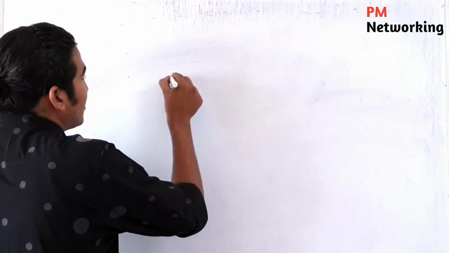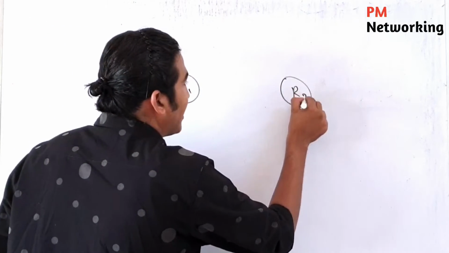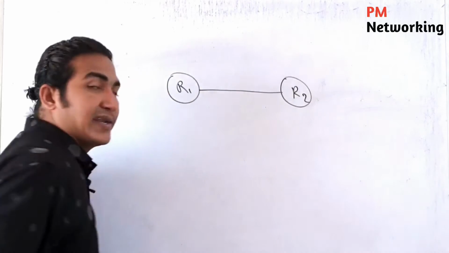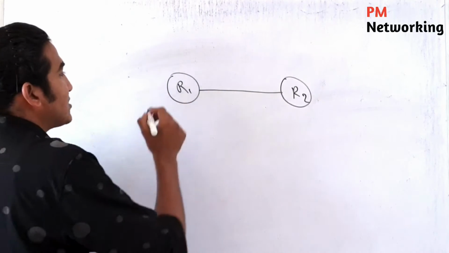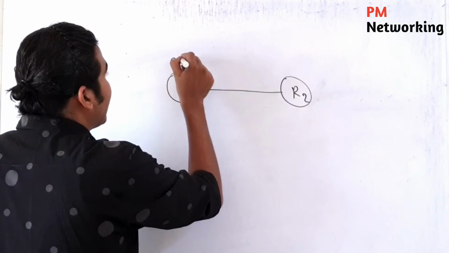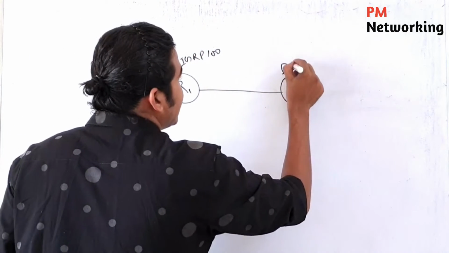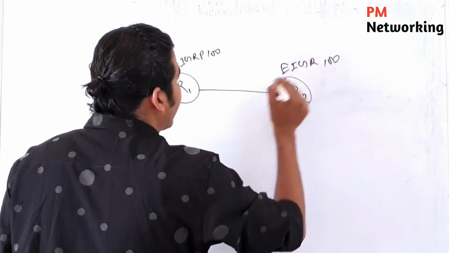Suppose we have two routers, R1 and R2. These two are connected to each other. Suppose I am configuring EIGRP 100 over here, EIGRP 100, right?